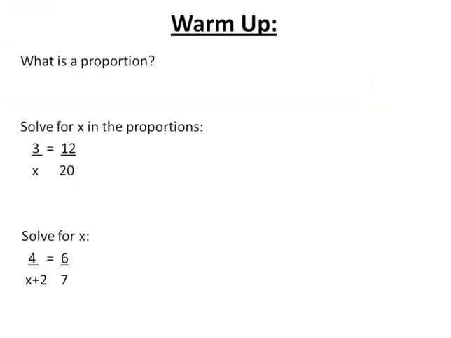So what is a proportion? So we've got some examples down here below. A proportion is when we set two ratios equal to one another. An example of a proportion can be 1/2 is equal to 4/8.